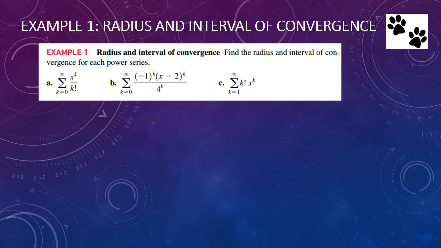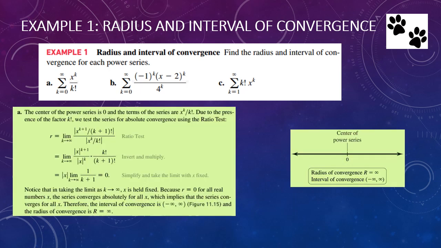And the terms of the series are x to the k over k factorial. Due to the presence of the k factorial, we test the series for absolute convergence using the ratio test, as we can see here, right?